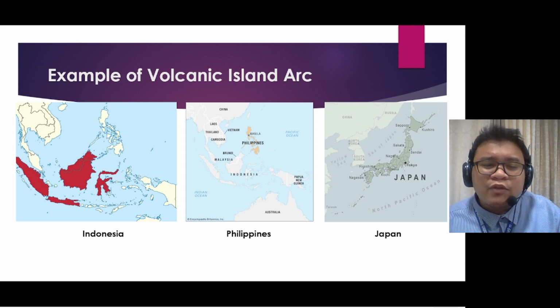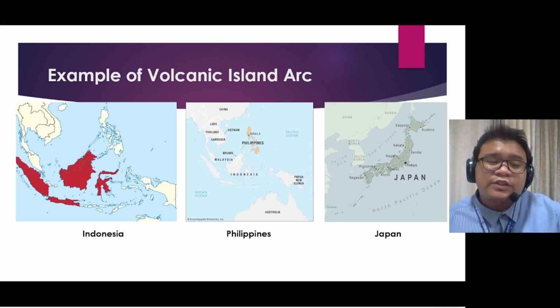Last one that I could think of is Japan. Well, Japan is actually an island arc, and it's very obvious because usually an island arc is found on the convergence of two plates. In particular, let me tell you just a brief story of how these island arcs are formed.